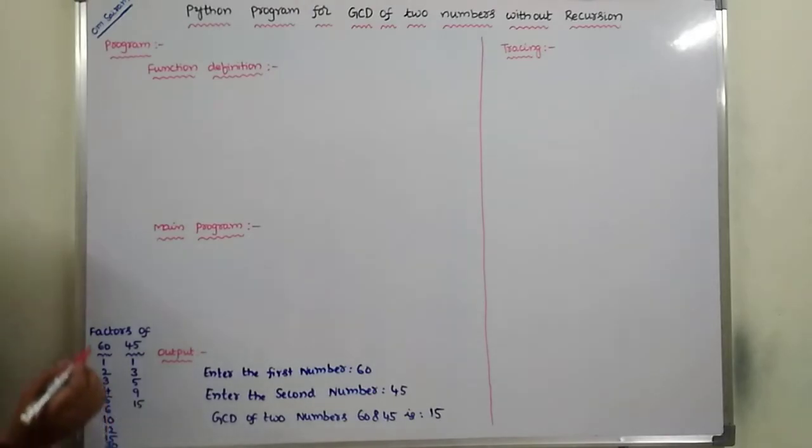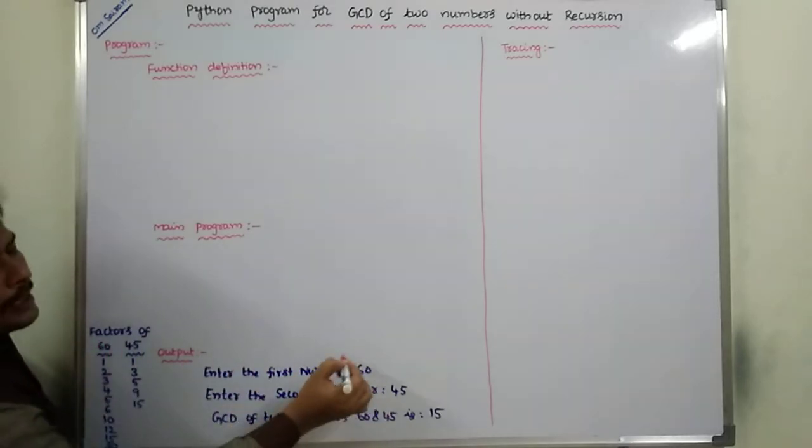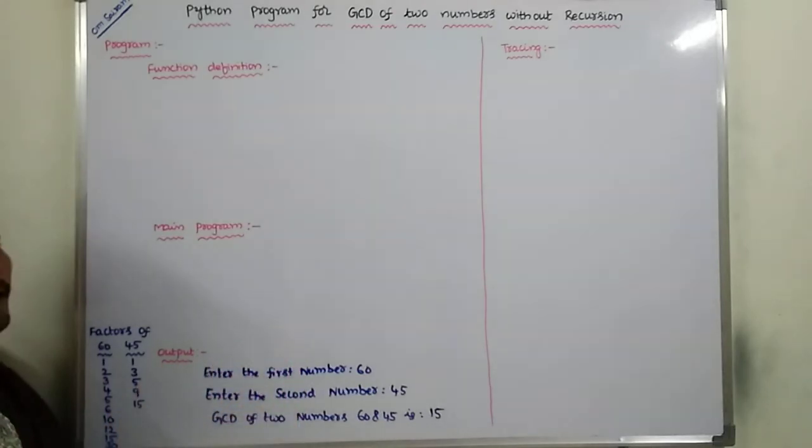Okay. First I am telling one shortcut for finding the GCD of two numbers in a simple manner. First, for the first number we have to find the factors. So the factors of 60 are: 1 divides 60, 2 divides 60, 3 divides 60, 4, 5, 6, 10, 12, 15, 30, and 60 also divides 60.